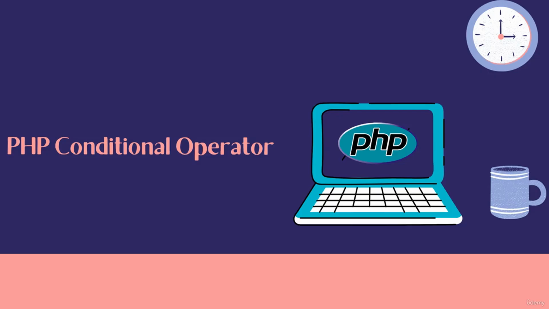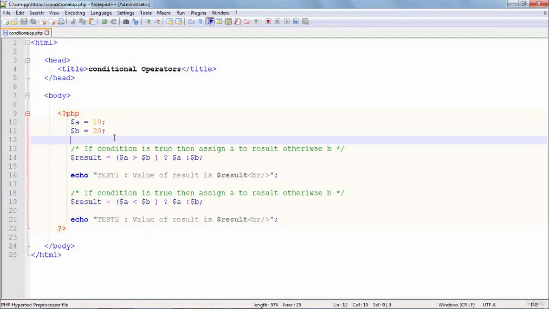In this video, we shall see a very typical operator called the conditional operator. Now in this script, the use of the conditional operator in PHP is demonstrated. The conditional operator is also called the ternary operator because it requires three different operands for the operation.